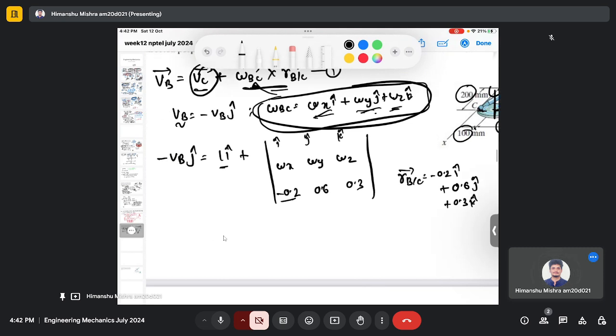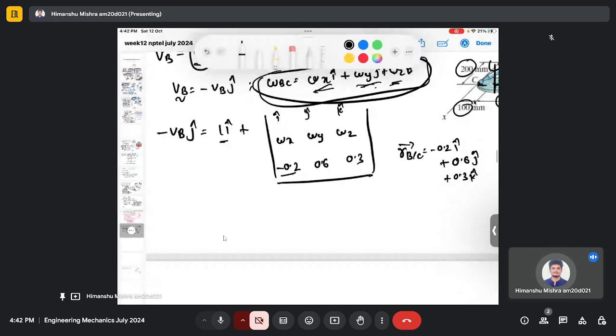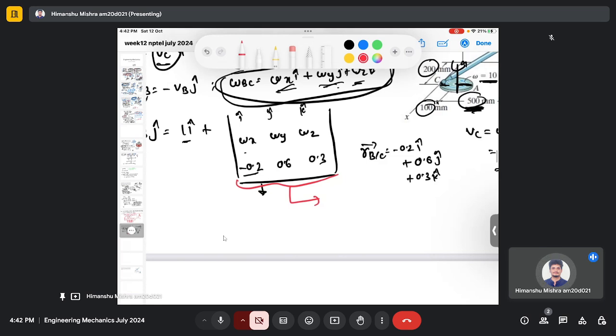So if you solve this matrix, you actually get three equations in terms of omega x, omega y and omega z. Just solve this matrix part only. You will get omega x 0.3 omega y minus 0.6 omega z, plus omega y minus 0.2 omega z minus 0.3 omega x.